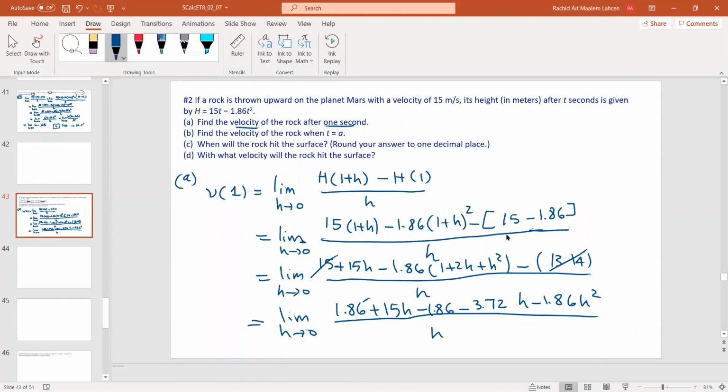And these cancel, and for the h's we get 11.28h for this one and this one.